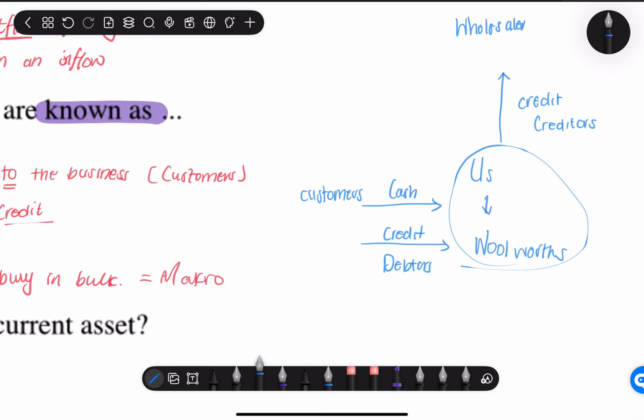So debtors, they buy from us. And then wholesalers, we buy from our wholesalers. The arrows can even go the other way because the cash is coming here. So I think it's better this way. The cash is coming here. So the money is coming to us, and then we take the money, and then we buy from our wholesalers on credit. Okay.